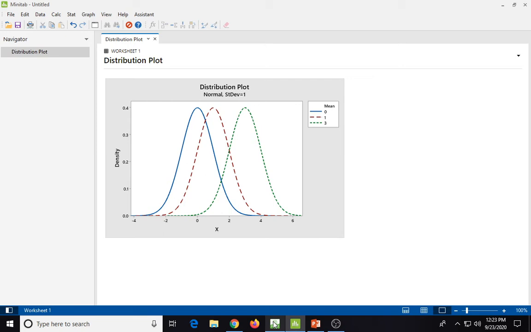Just like back in pre-calculus, when you had a function f of x, if you plugged in x minus 3, this shifted it to the right 3 units. And if you plugged in x plus 2, this shifted it to the left 2 units. And so the same thing happens there.